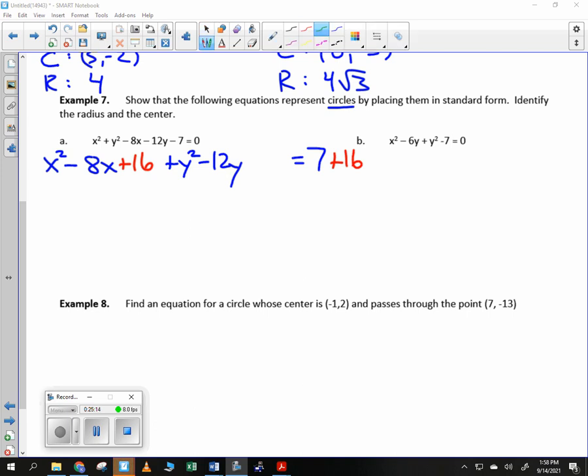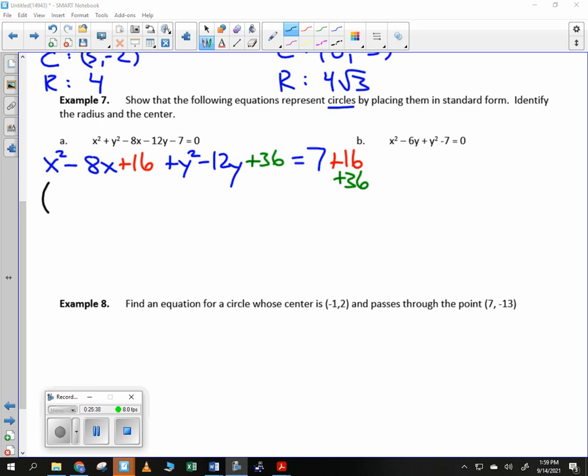How about here? Yes, 12 divided by 2 is 6, squared is 36. Any question there so far? The square is completed. If you can do that, you're golden.